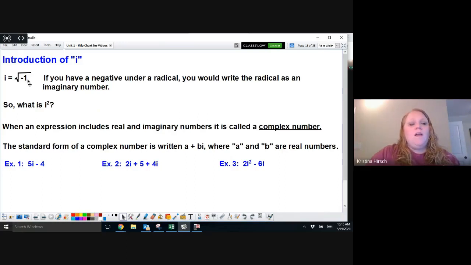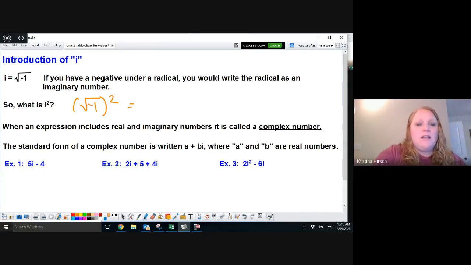If that's the case, then what is I squared? Well, think about it. If you know that I is the square root of -1, and we square it, then what happens? When you square a square root, that essentially cancels it out, leaving you with just -1.